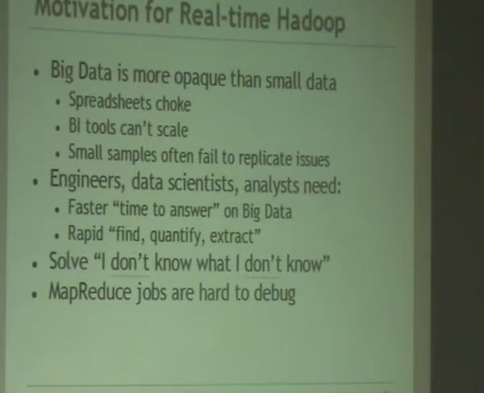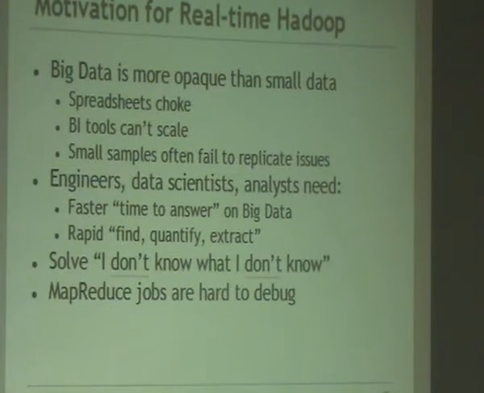It's harder to see than small data. Typical ways of getting some answers like pivot tables and spreadsheets, they choke on big data. BI tools don't scale up to big data, and small samples often don't replicate the true nature of your data, especially if your data is fast moving.